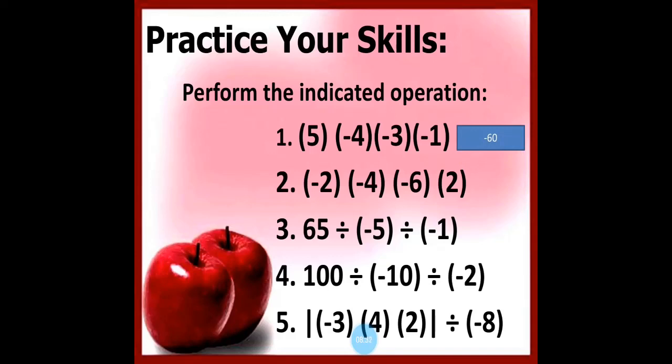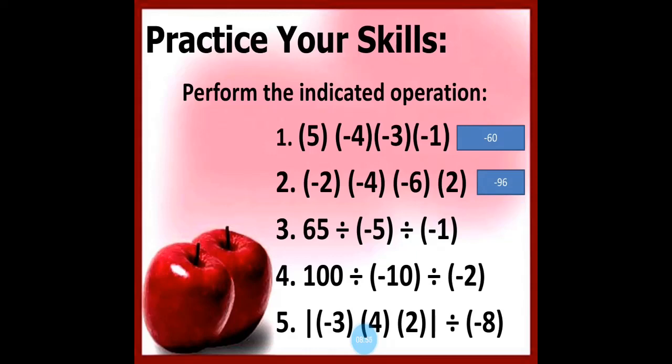Correct. Next, number 2. How many negative numbers do we have? Again, we have 3. Therefore, the product must be negative. Multiply: negative 2 times negative 4 times negative 6 times 2. The answer is negative 96. Next, number 3.